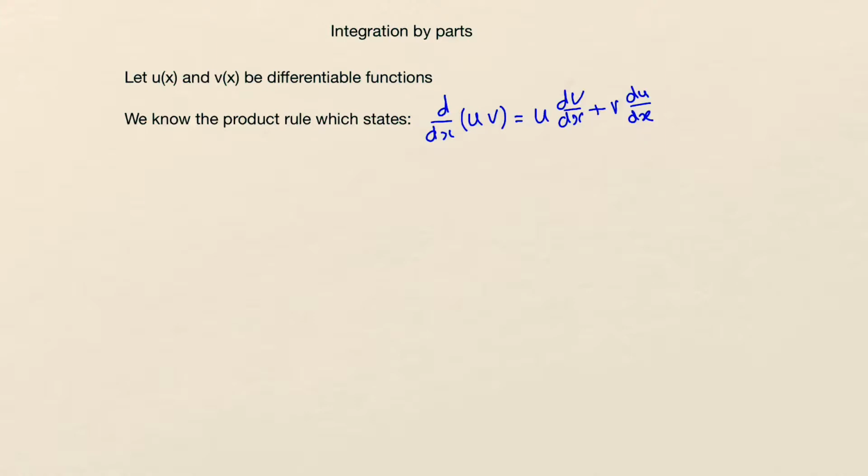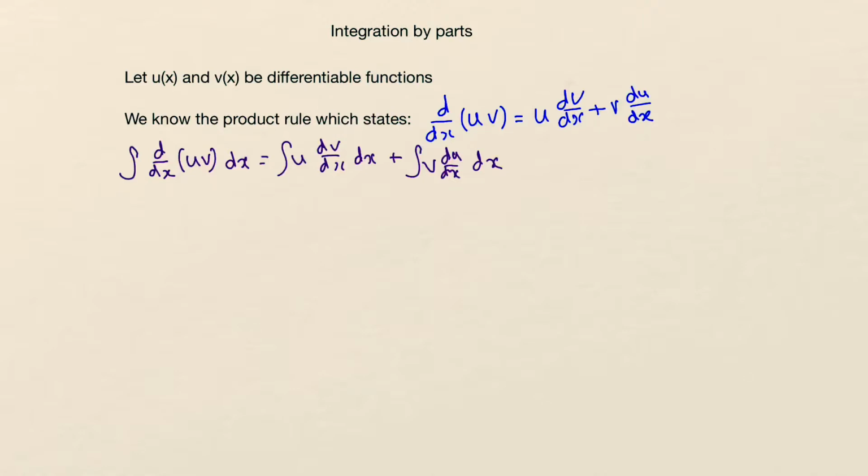The first thing we're going to do is integrate both sides. So we will have the integral of the derivative of uv with respect to x, and that will be equal to the integral of u multiplied by dv by dx plus the integral of v du by dx with respect to x.